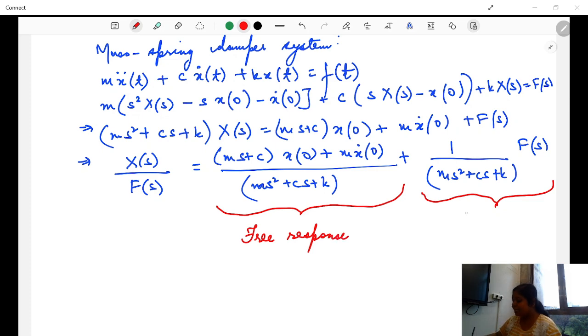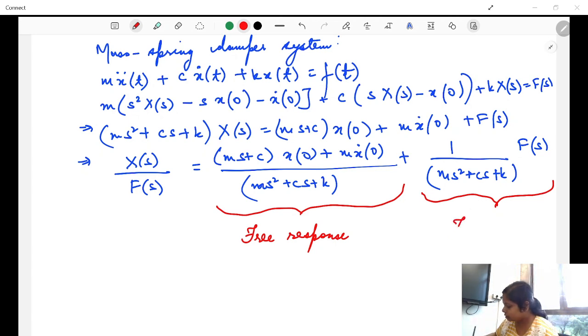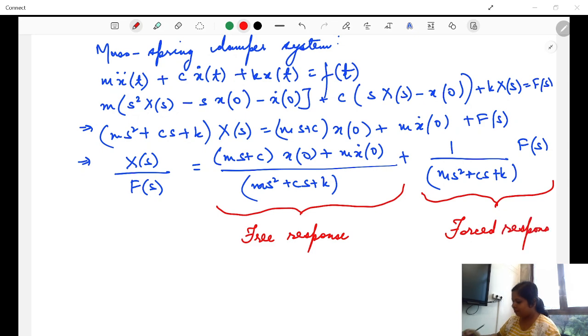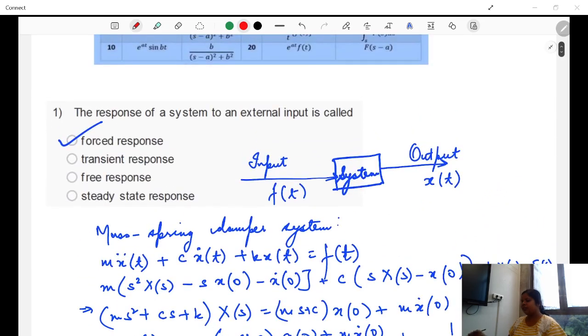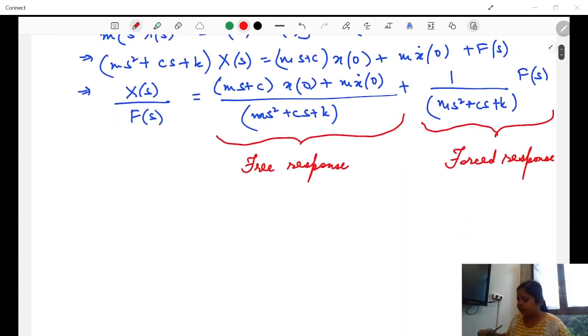Because this is from an external input, this is known as forced response. That is why, when we had the question here, the response of the system due to an external input. The external input in our example is the force that is being applied, so the external input gives you a forced response for the system.